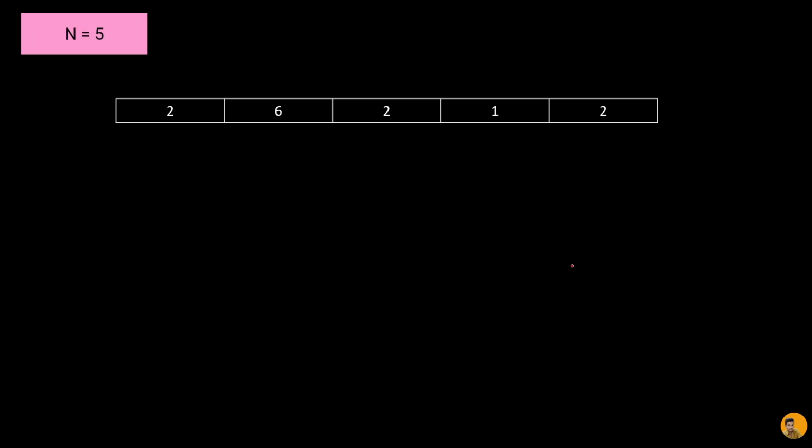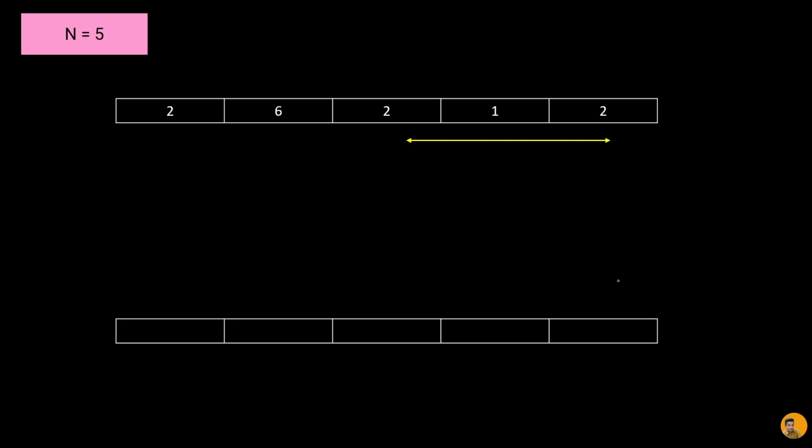Now let's try to analyze this portion, how this portion is contributing to our subarray. 2 plus 1 plus 2 is 5, right? This is going to follow the same pattern which you have seen earlier in the previous problem, subarray sums 2.